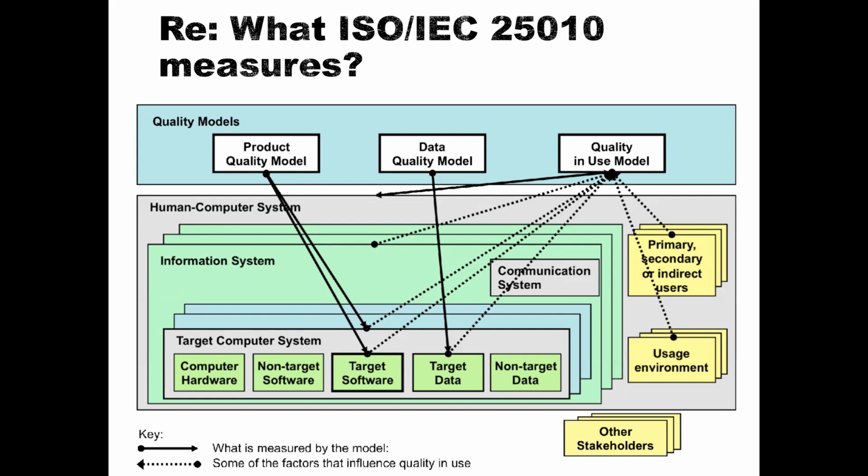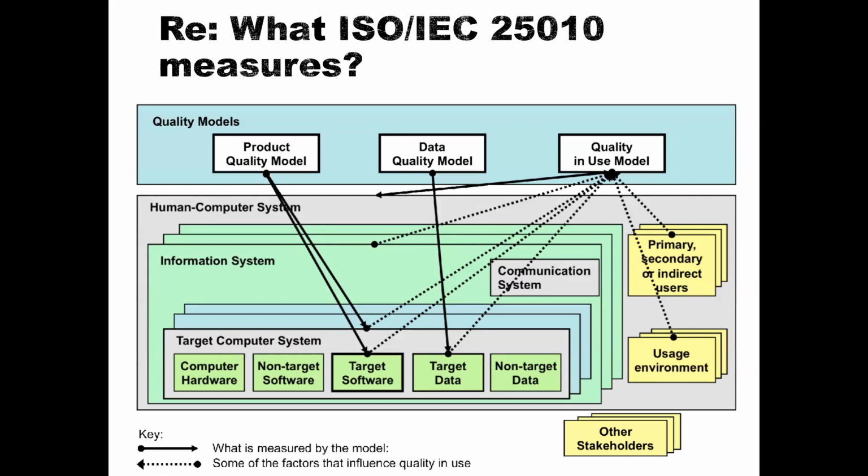And last, we have the quality in use model, which takes everything in context, because it's not only about the system, it is about the different factors that make the software's working quality high. For example, how it is interacting with the users, in which environment you are executing the whole software, who the different stakeholders are, and many other things.